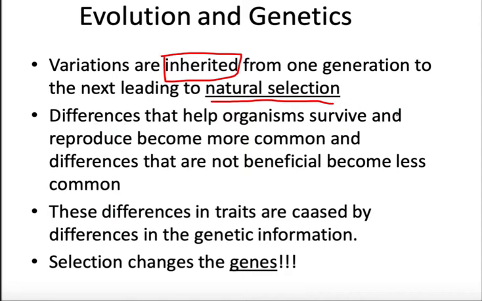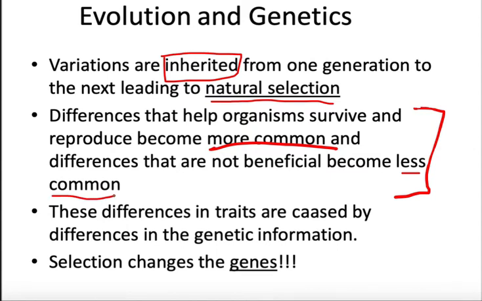So what Darwin had said, and still true today, is that natural selection would say that the differences that help organisms survive are going to become more common. Those are the things that have high fitness, and differences that don't help something to survive are going to become less common.